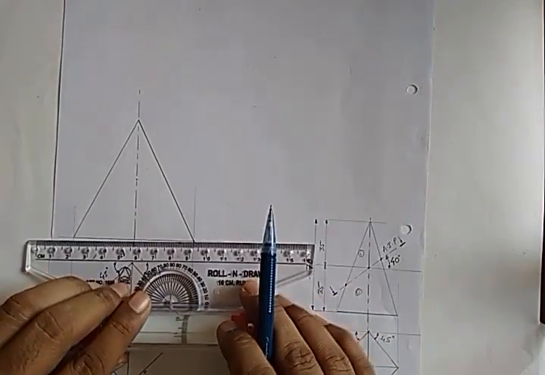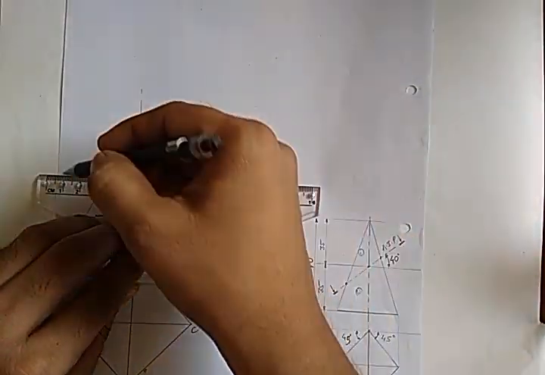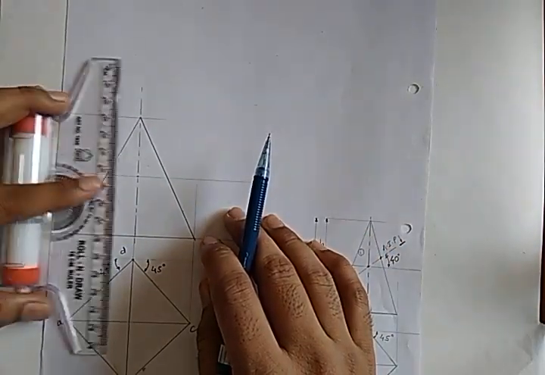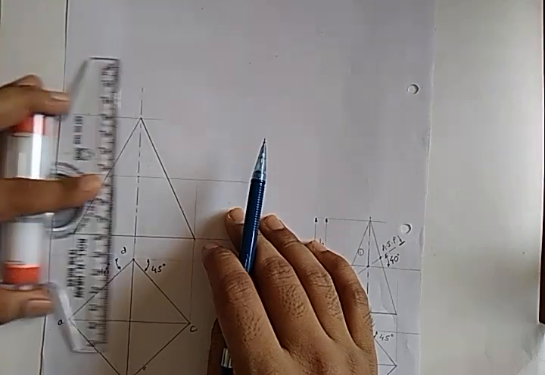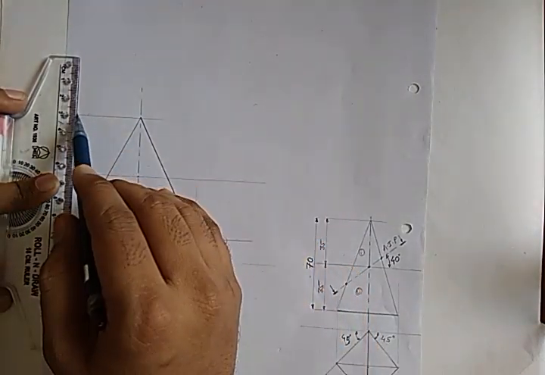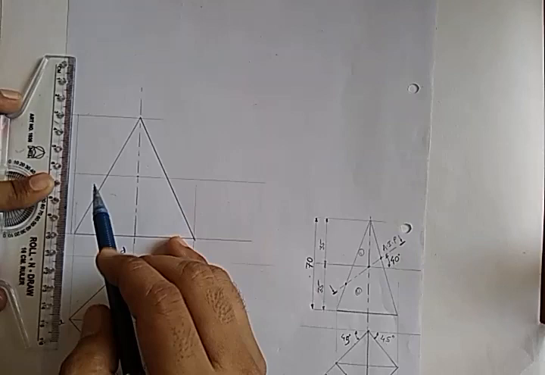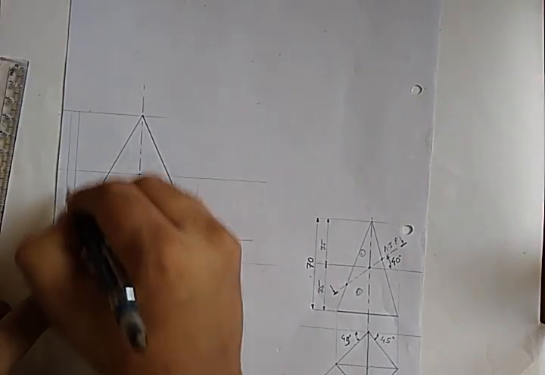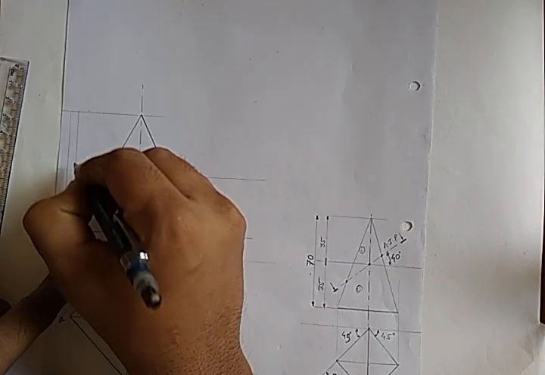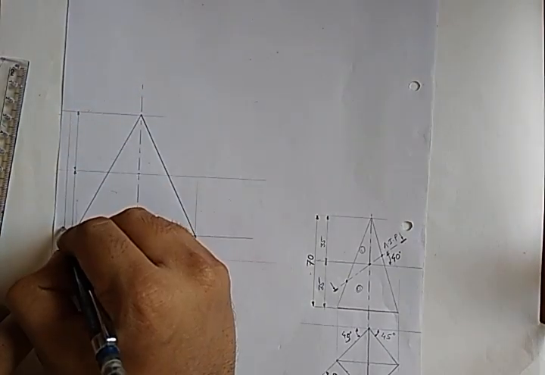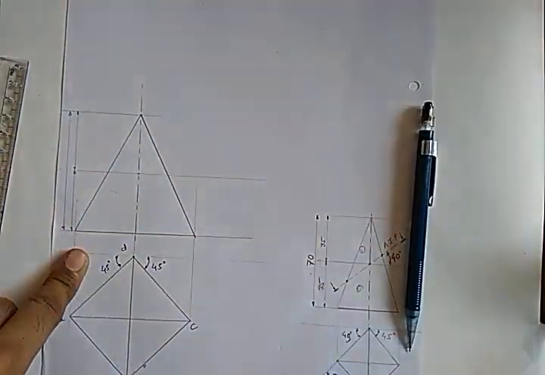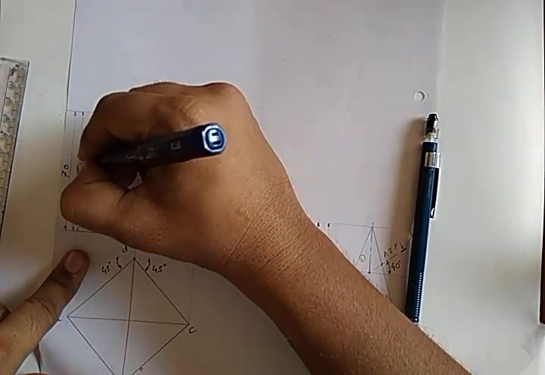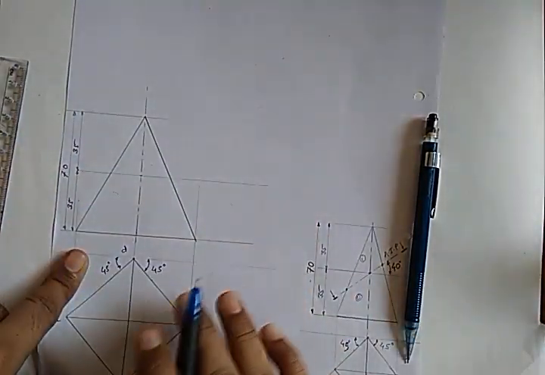Now you can show the distances also, that we have plotted. This is the 35 mm distance from base and from apex as well, and the total height is 70 mm. This is 35 up to this point, again 35 up to the apex.